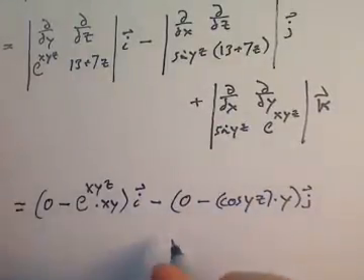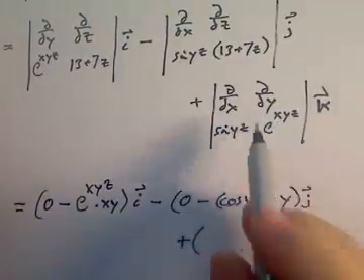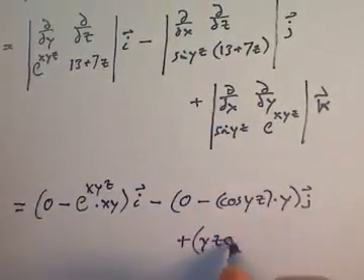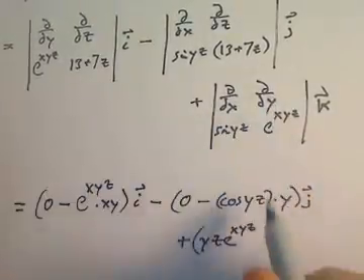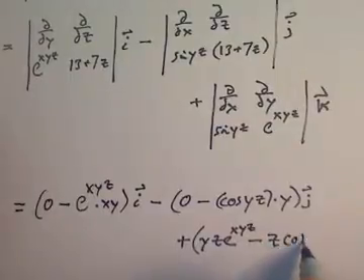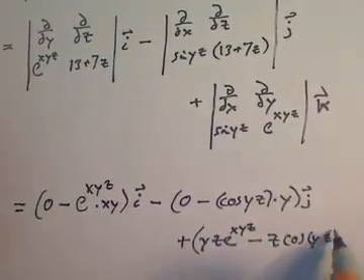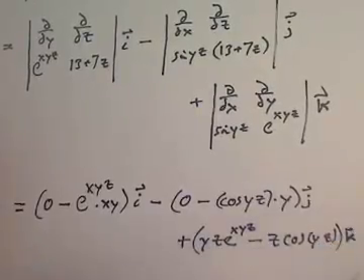Then we're going to have plus on our k's. I'm going to have a yz e^(xyz), and then minus z cosine yz, and this is going to be k here.